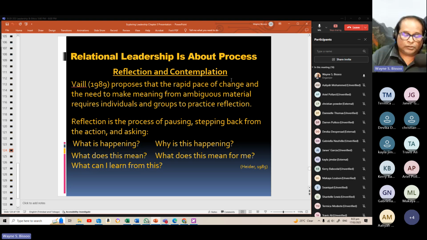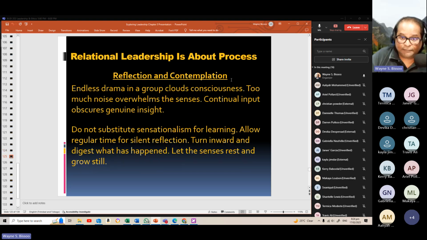The problem with a lot of organizations is that the speed of business and the speed of operation often negates this process. Leaders have to not find time, but put time aside for this, because this is a very important part of the process that the model requires. All right.